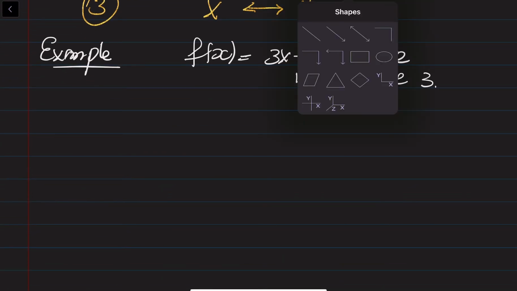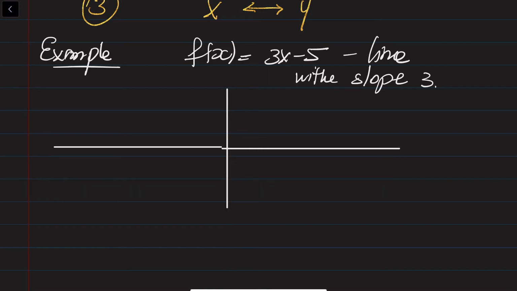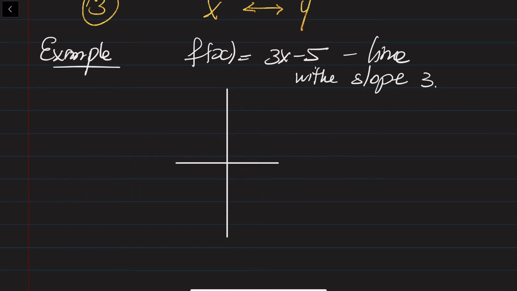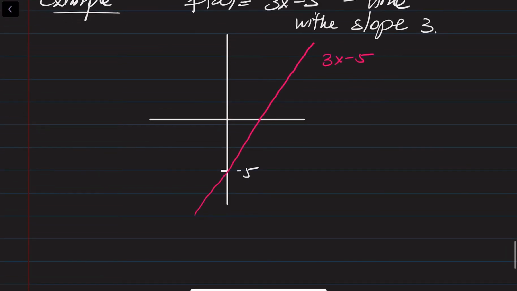If you want, I can draw its curve. It's going to intersect the y-axis at the point -5, so it's going to be some line like this. Obviously, it's a one-to-one function. So the first step is done.